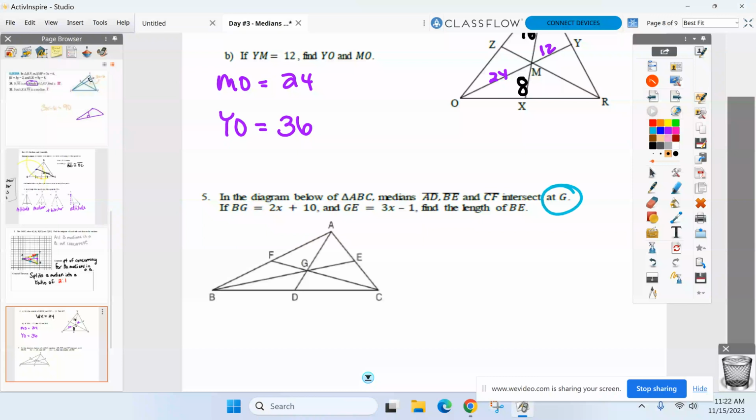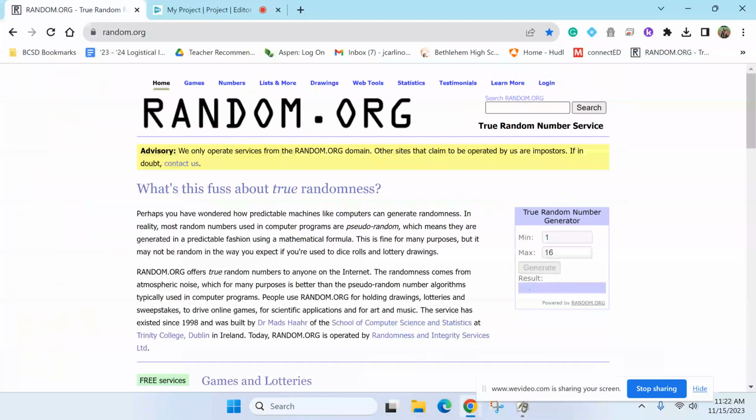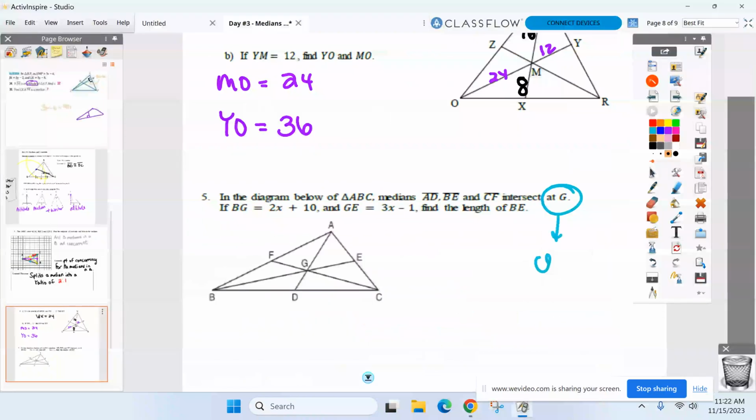Medians AD, BE, and CF. Oh, G must be the what of the triangle? Centroid. That's where I need you guys to be by the quiz on Tuesday. I may not come out and say centroid, incenter, circumcenter. But at least I told you these were medians. Oh, medians all intersect at the centroid. Now I'm thinking about 2 to 1.